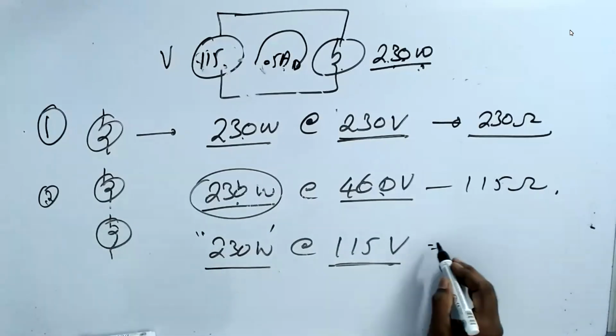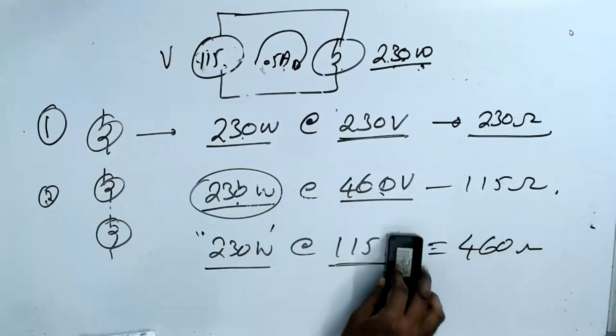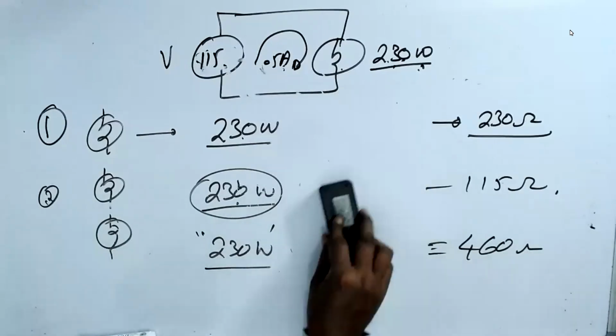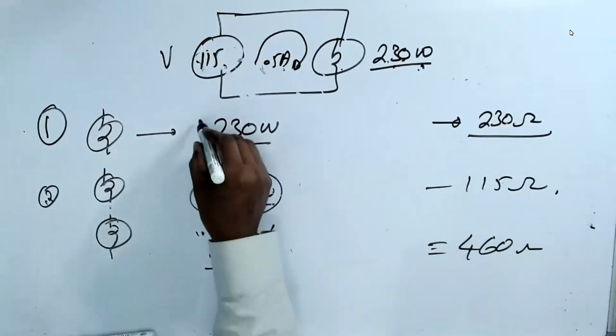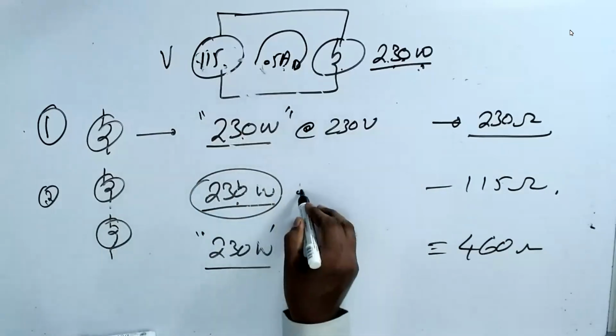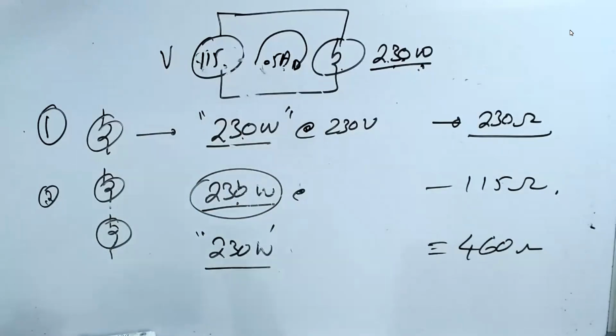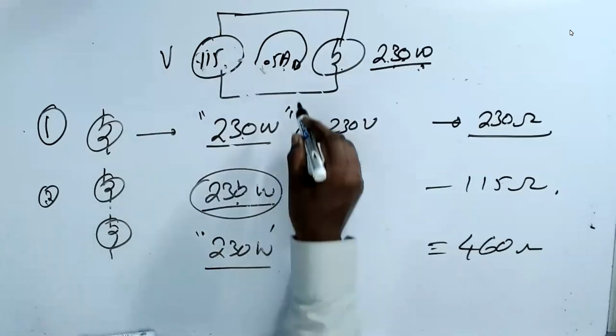So understand here, if I don't tell this to you, you cannot find it. I have to tell you the wattage at what voltage. That's the reason when you buy a bulb in US and bring it to India, if you apply higher voltage, that bulb will burn because it can withstand only that much current. This is called rating.